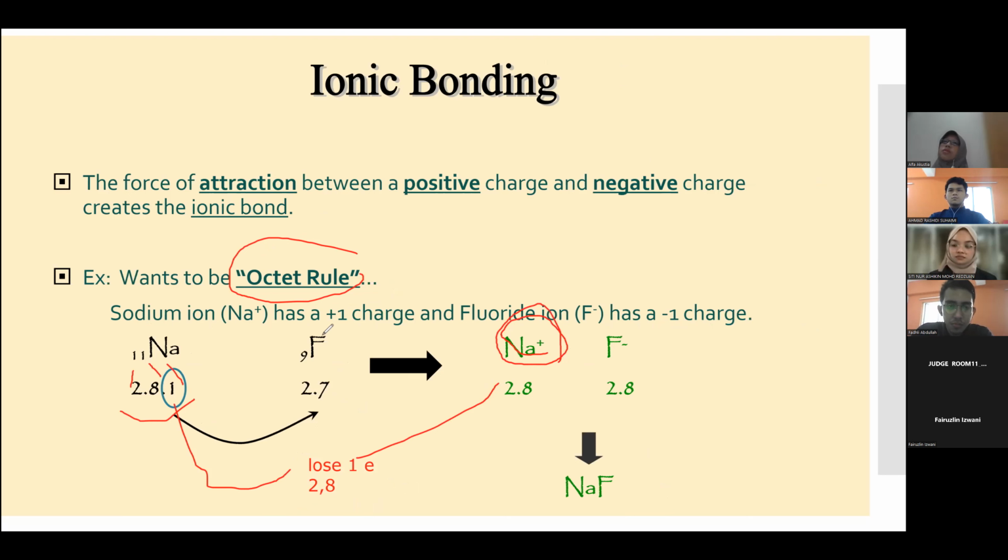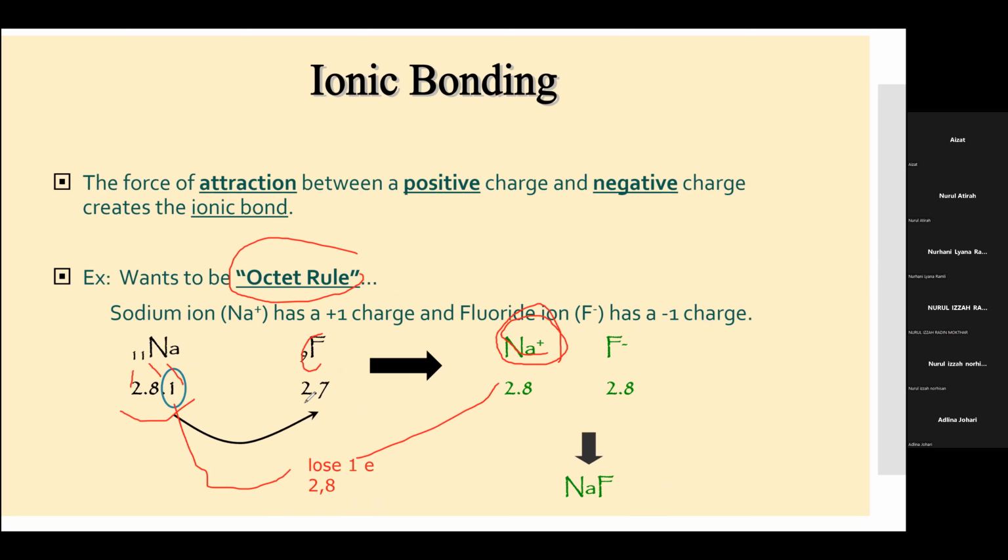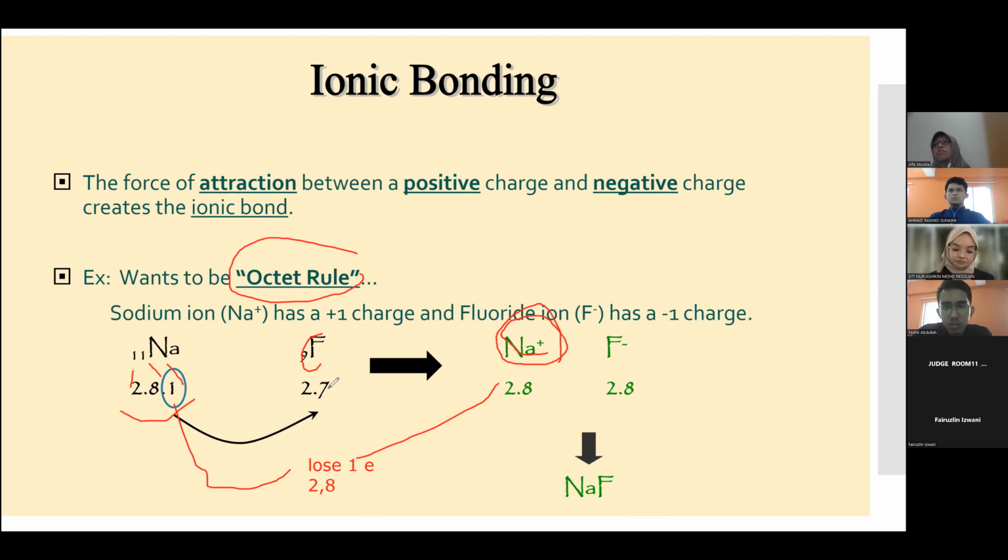Fluoride with 9 electrons. The electron configuration is 2 and 7. 2 and 7 is not an octet. Octet says the valence electrons total 8, but here it is still 7. So it has to gain 1 electron.